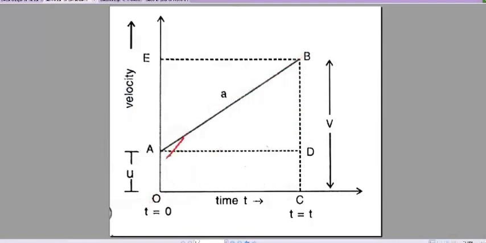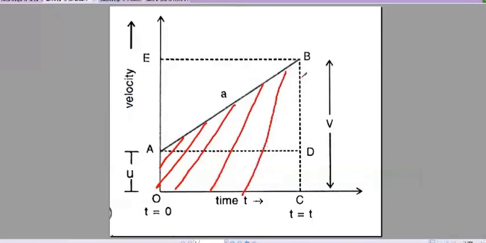Actually we are talking about this area. This is your distance. We have already seen all these things, right? When we were talking about distance from the graph. So this area is actually the distance traveled, which is figure OABC. So this is your distance traveled.